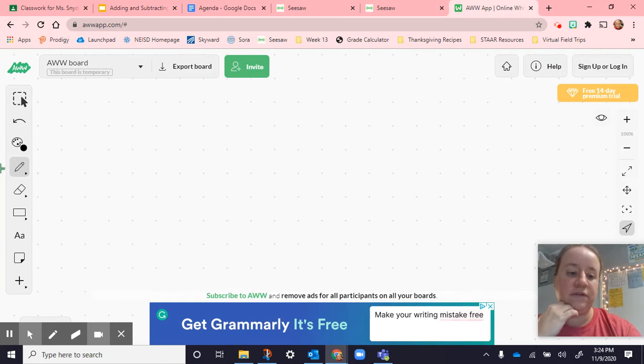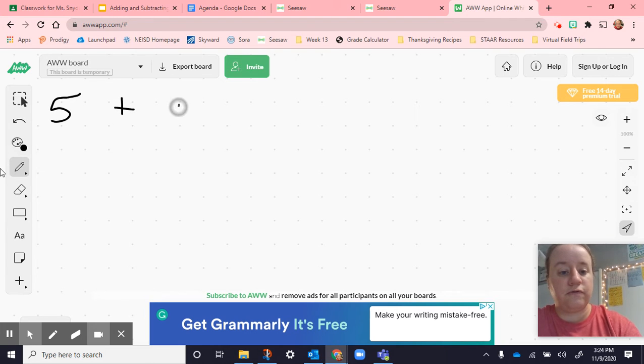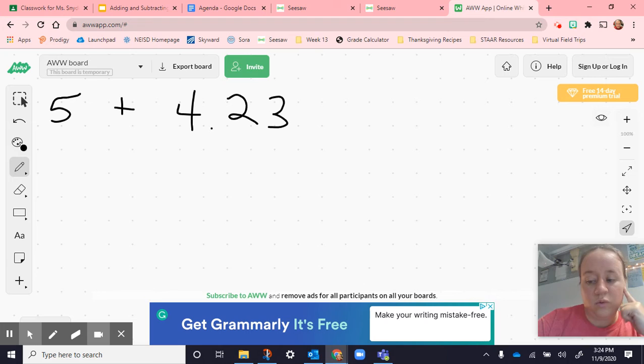So when we have, let's say we have 5 plus 4.23. Okay, so we talked about looking at these numbers and really thinking about what they are. The 5, I noticed that there's no decimal point. So because there's no decimal point, I have to add it in there.